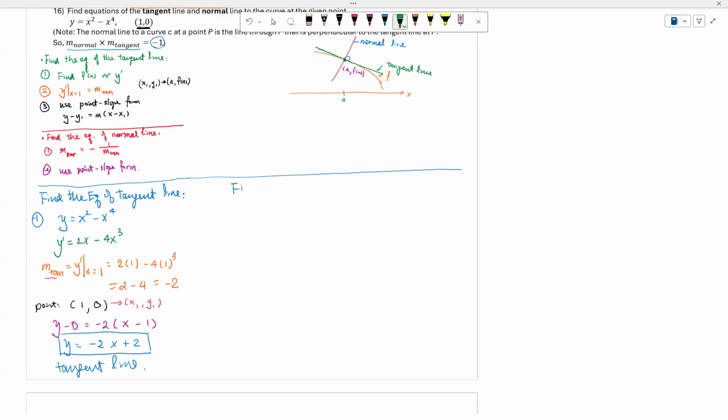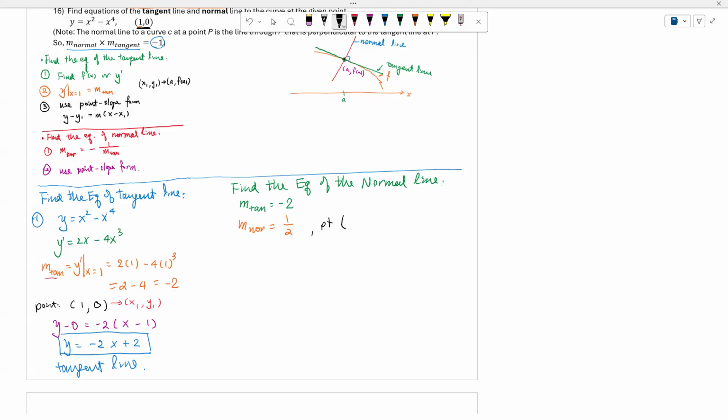This will be my tangent line. And now I would like to find the equation of the normal line. The slope of the tangent is -2, so the slope of the normal will be the negative reciprocal, which is 1/2. And we still have a point.